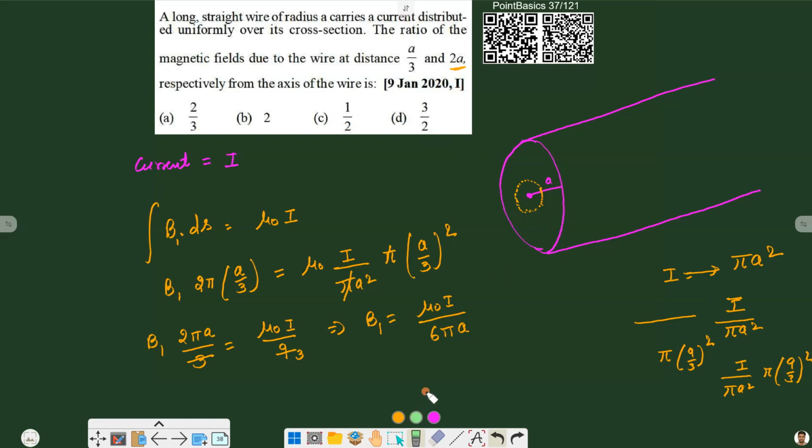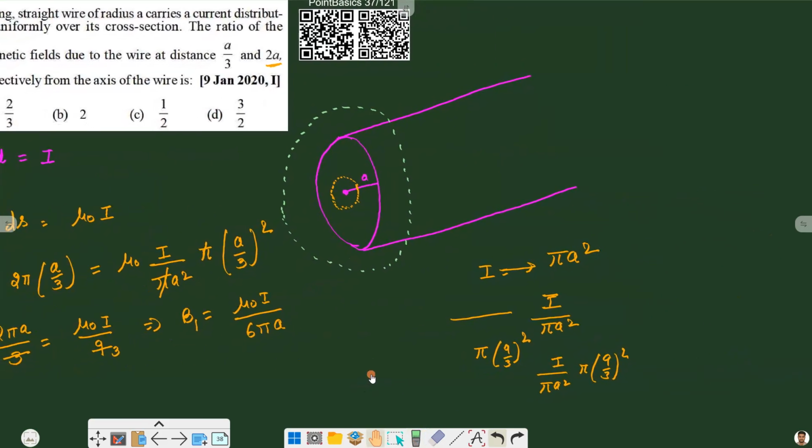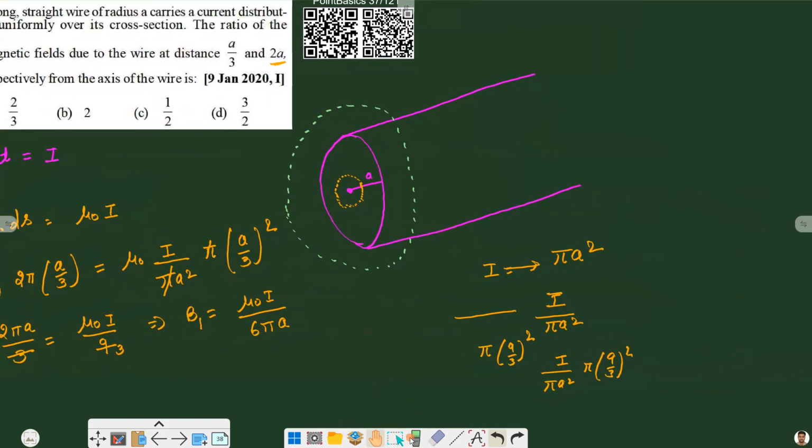Now our circle is at distance 2A, meaning outside of the wire. Now when the point is outside of the wire, we can again write that the integral of B2 dot ds is equal to mu naught I. B2 will stay as it is.